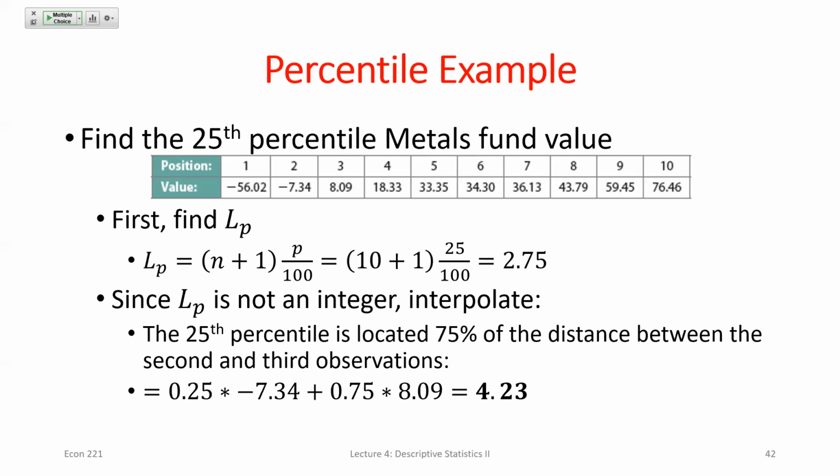Any questions on that? What if I had asked you for the 33rd percentile? So what will we do here? We would plug into that equation 33 over 100, right?